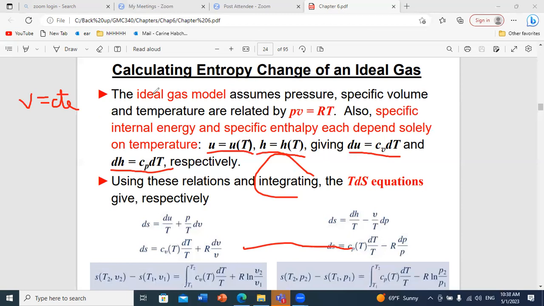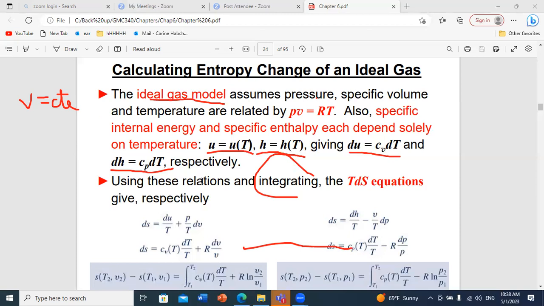But if they tell me ideal gas, what is the equation for ideal gas? The equation for ideal gas is PV equals RT. So I have a relation between the variation of pressure and the variation of volume. Knowing I have an ideal gas, I can use the following relation between P and V. How to use it here? Okay.